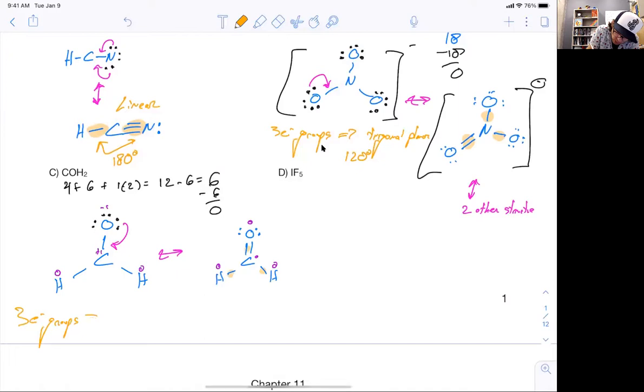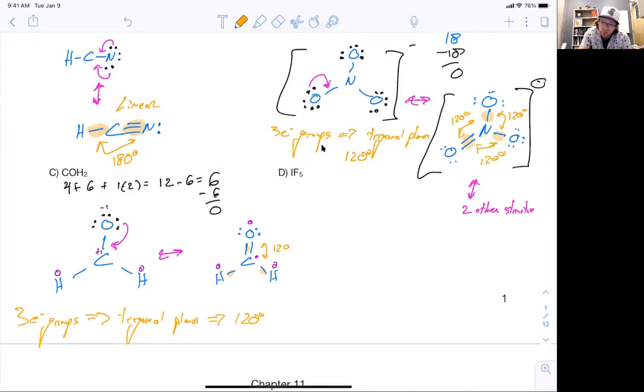The number of electron groups determines the electron geometry, the shape. That determines the bond angles. Each of these is 120, ideally. So up here, we could have said that, yes, for sure, they're 120 because all of the terminal atoms are the same.